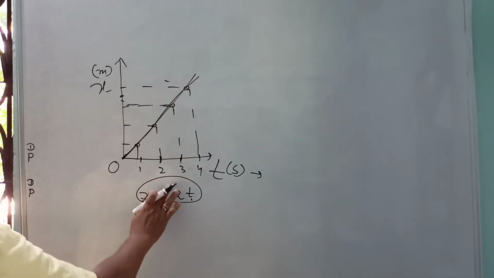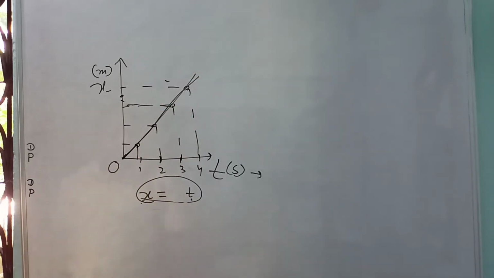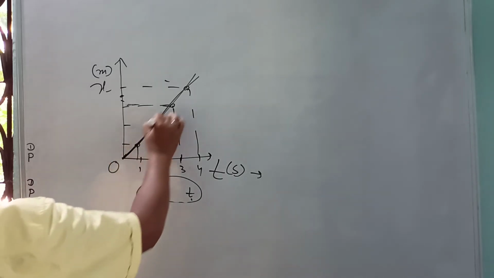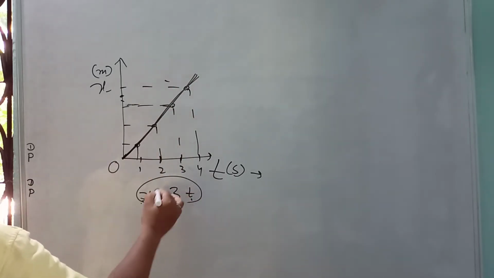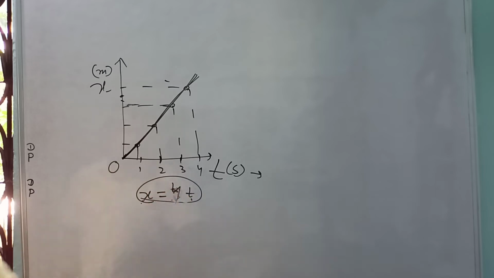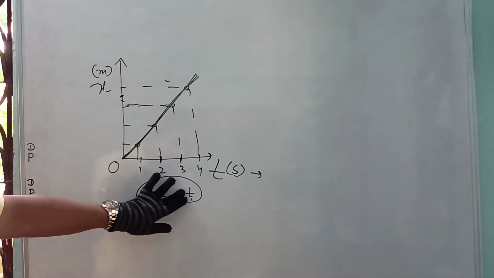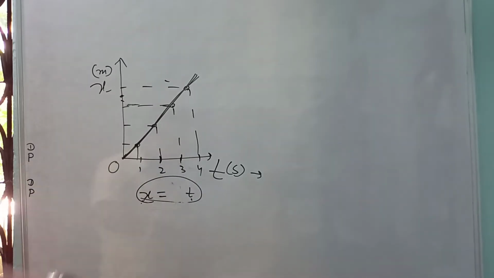Or we take x is equal to t, the graph will also be like that. x equal to 3t, x equal to 4t. If x is equal to some constant times t, the graph is a straight line passing through the origin. This indicates uniform motion of an object.